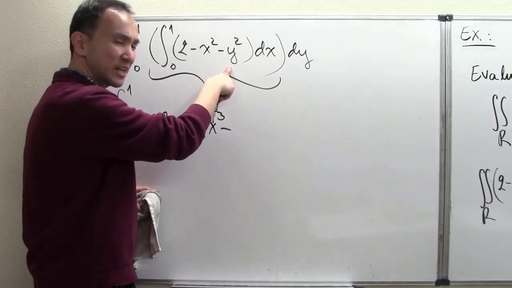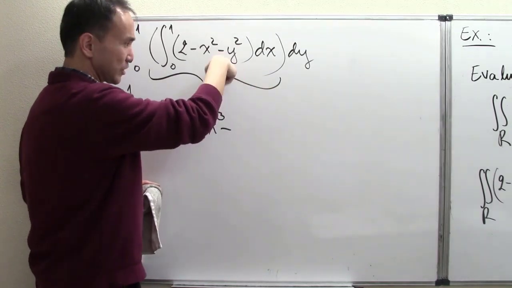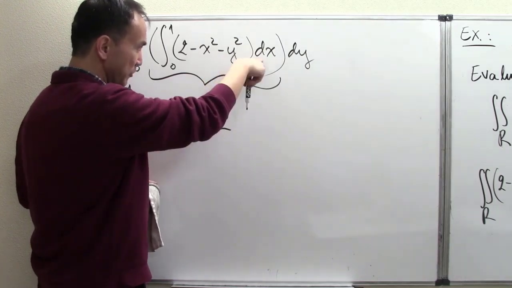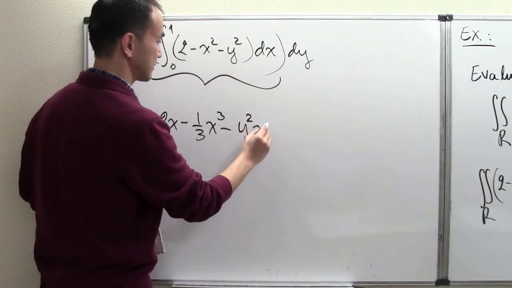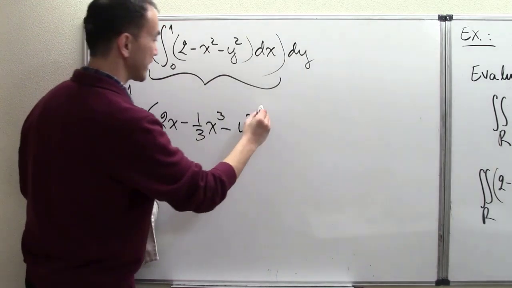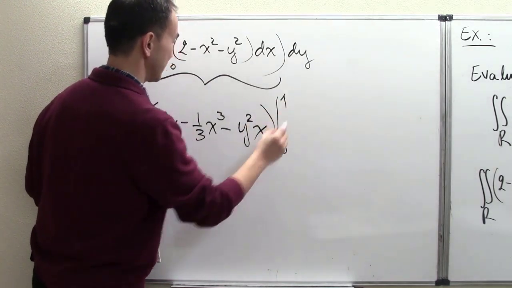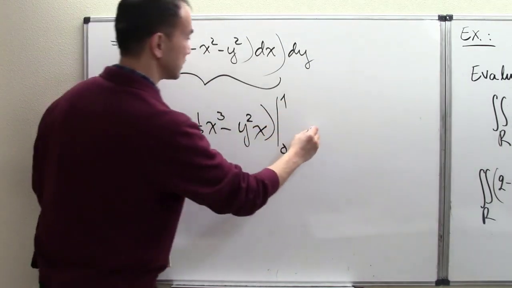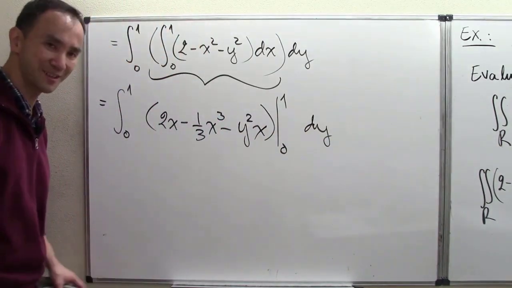Got no x, so think of that as a constant, right? So in integrating with respect to x, we get y squared x, and we're evaluating that from 0 to 1. And whatever that outcome is, we're going to integrate further with respect to y.